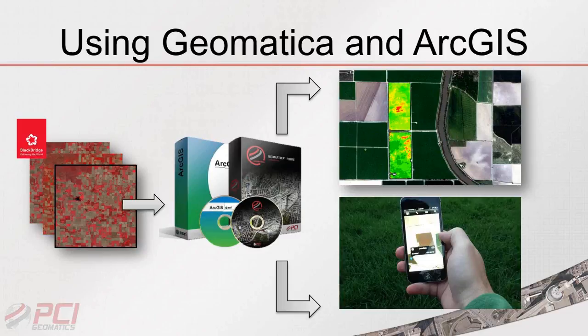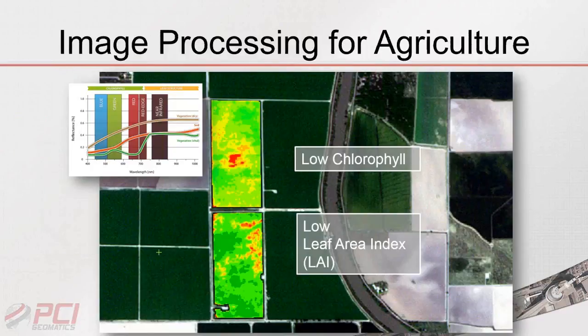On the top right, what we see is RapidEye imagery in the backdrop with some information that's been extracted showing us the vegetation health and some different indices overlaid on top. And down on the bottom you see basically an example of the information that can be disseminated via mobile devices. It's just a picture of an app that we built displayed on an iPhone.